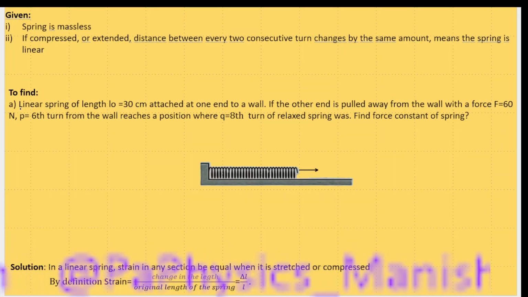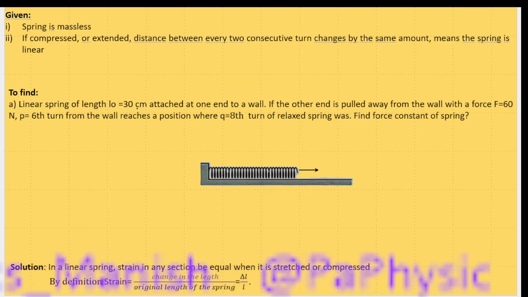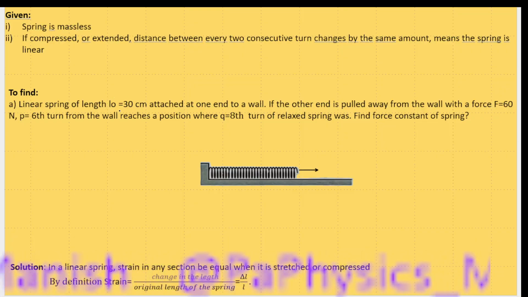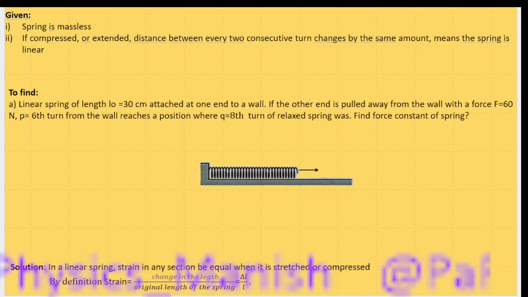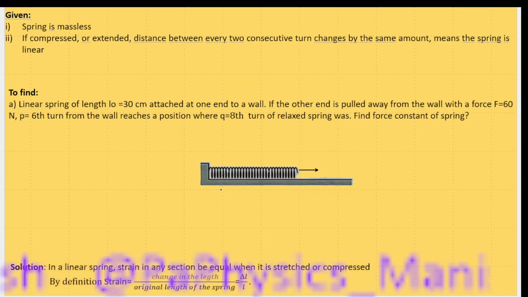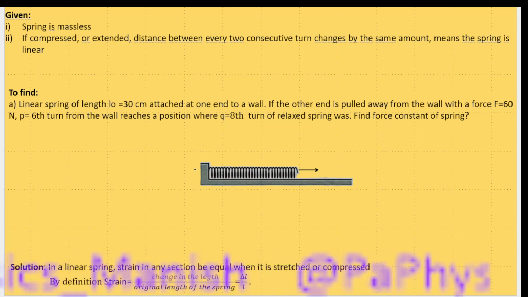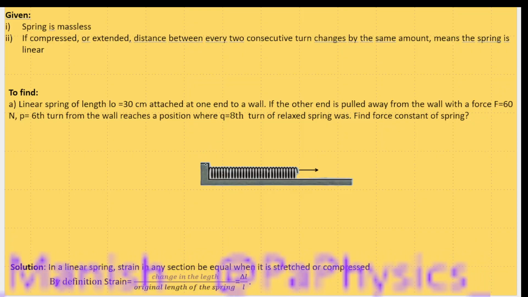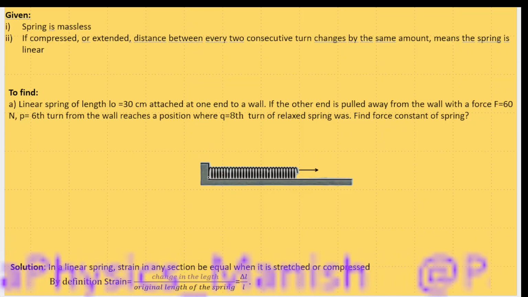So part A of the question: the length of the spring is 30 centimeters, denoted by L0. It is attached at one end to the wall.